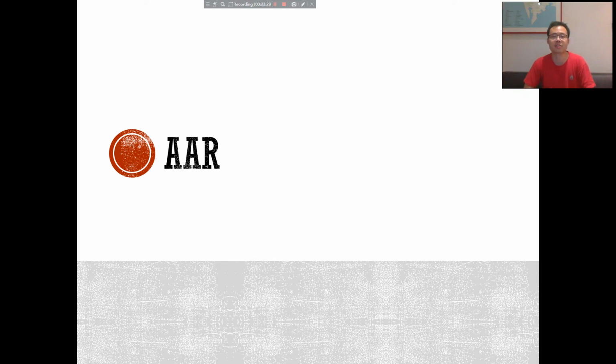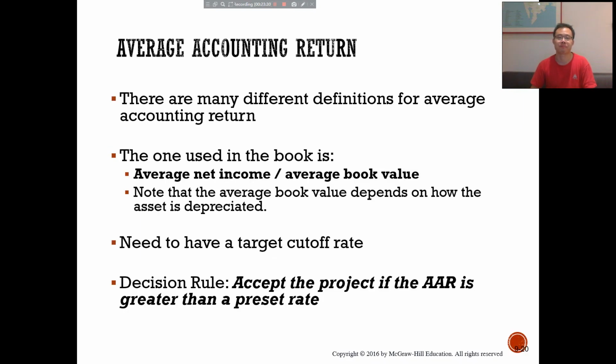The fourth one is AAR, average accounting return. There are many different definitions for average accounting return. The one we use in our normally used textbook is average net income divided by average book value.